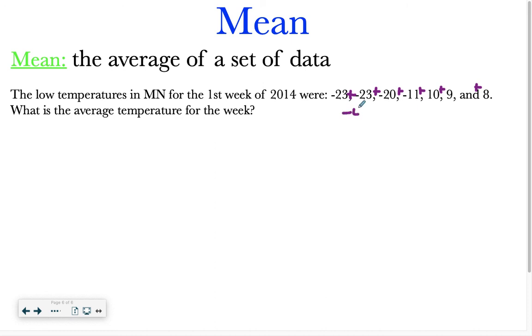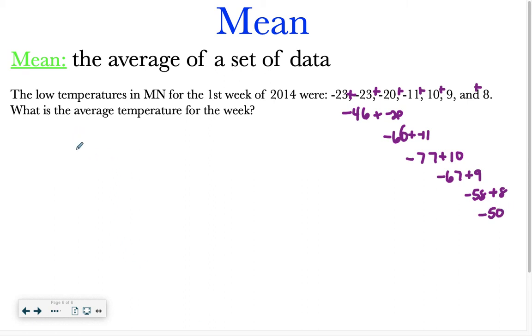Then -46 plus a -20 is -66. -66 plus a -11 is -77. Plus 10 would give me a -67. Plus 9 brings me to -58. Plus 8 brings me to a -50.